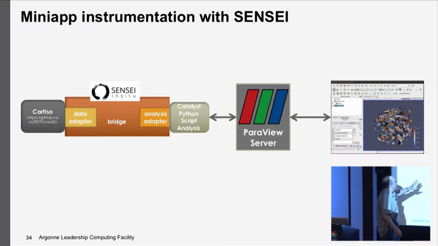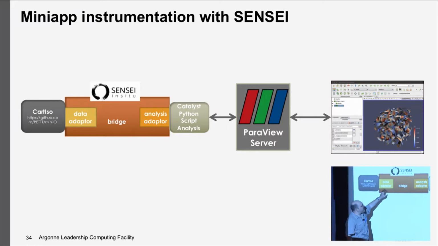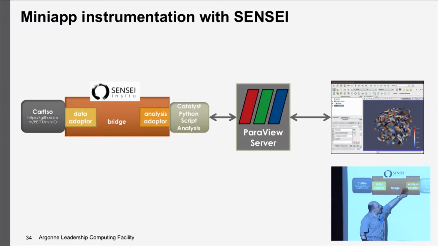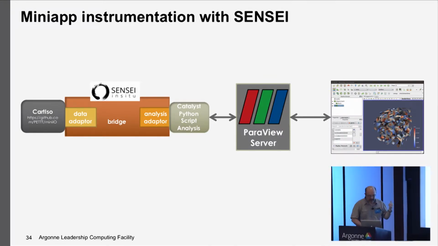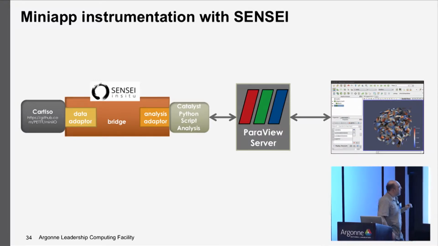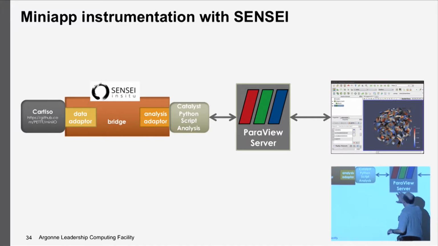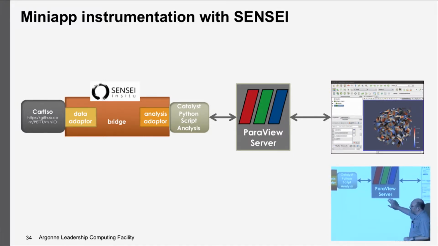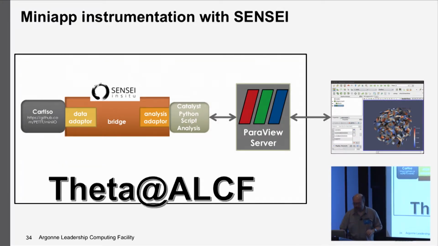Once the data is represented in this format that all the analysis will understand, there is an analysis adapter for every specific adapter. In this specific case, we are using Catalyst, and Catalyst connects to a ParaView server that also runs on the supercomputer resource.